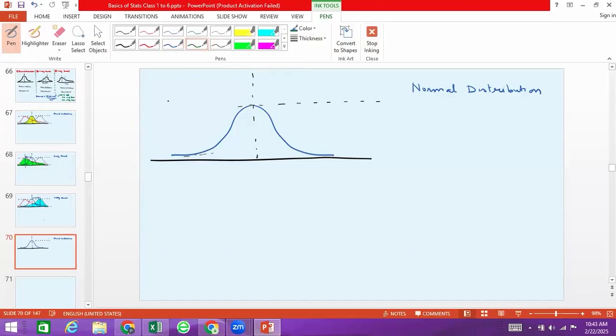So it means that this will remain as it is. It's just that sometimes the peak will be higher than what it should be.